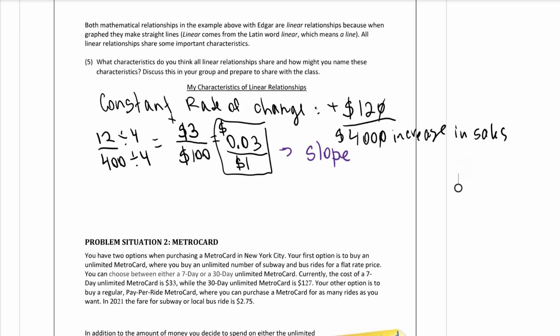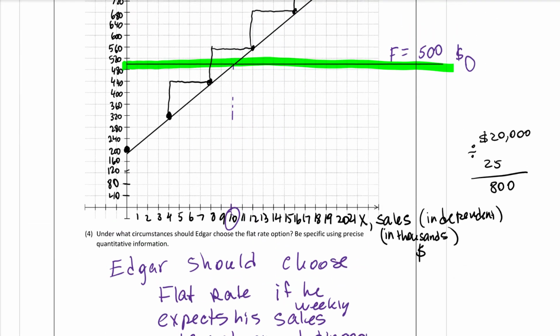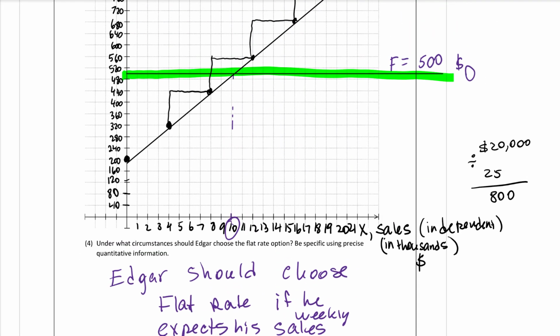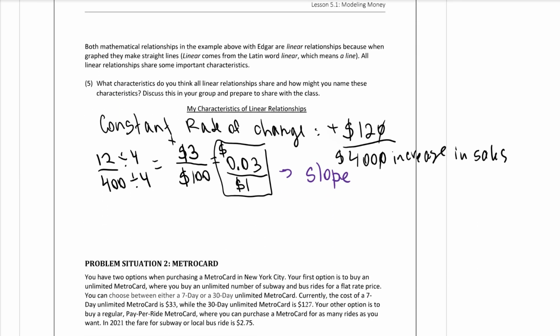All right, another thing that this model has, if you look at the picture, is this right here. You see the $200 for the commission and the $500 for the flat. This is what we call a starting value, or the initial value. Okay, and I want to write this as a characteristic.